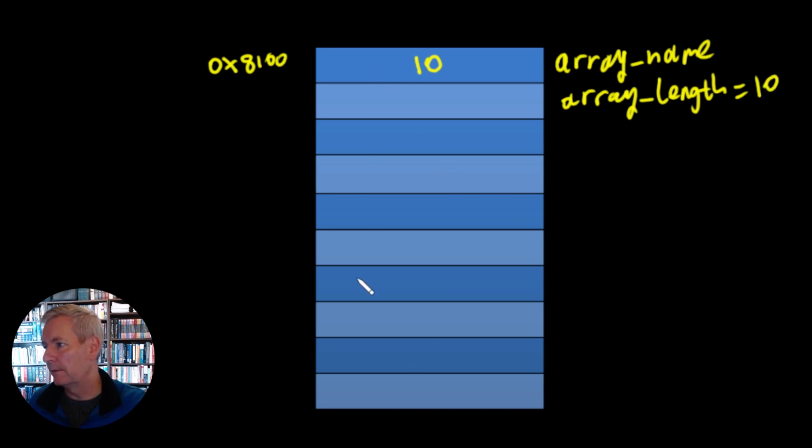So there's 10 memory locations here. These two items that we have generated, the array name and the array length, are the two things that we need in order to define our array. The array name is simply the memory location of the first element, and the array length is the number of elements within the array.